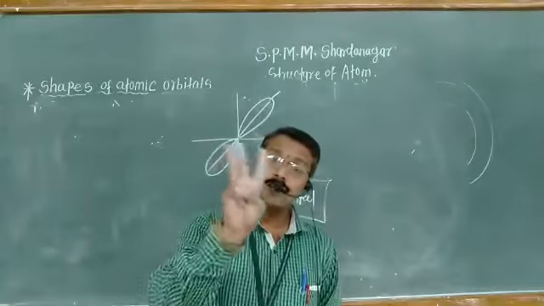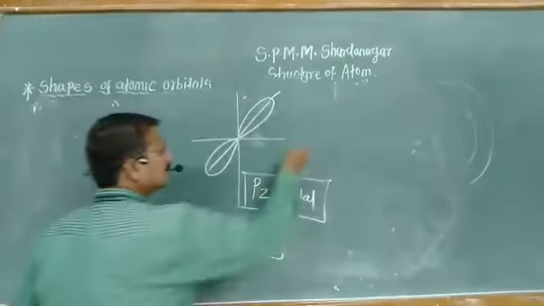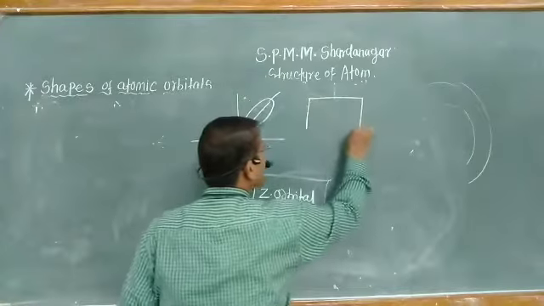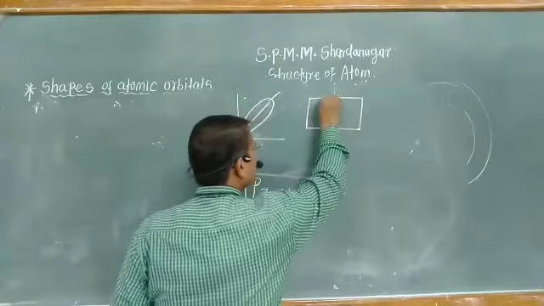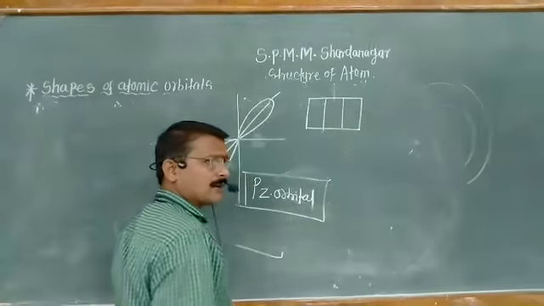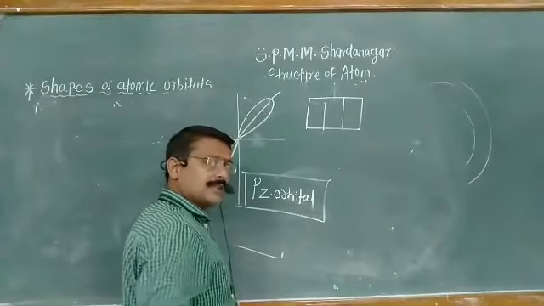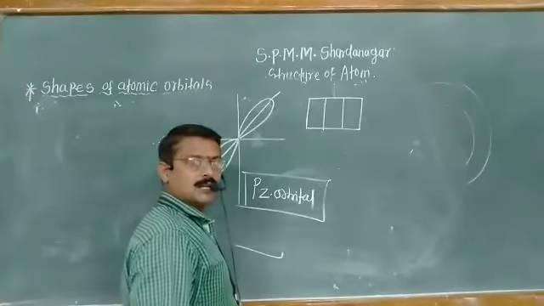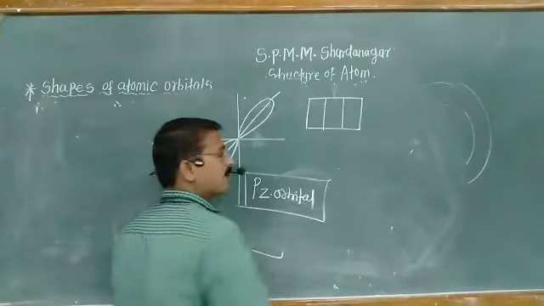Triply degenerate means that, in the absence of a magnetic field, this single p orbital is degenerate into three. Hence it is called a triply degenerate orbital.